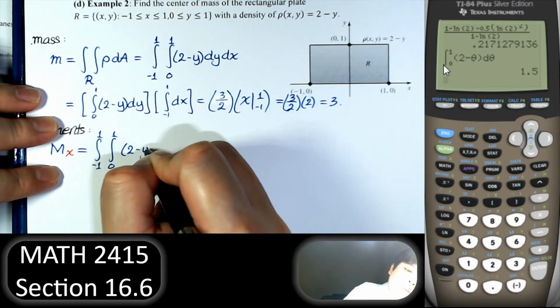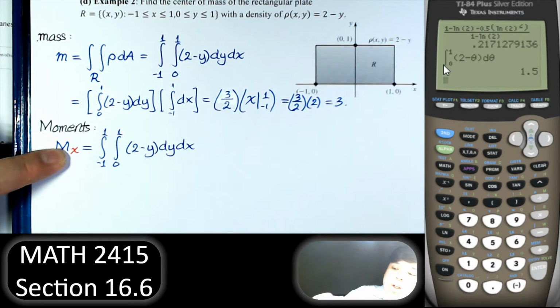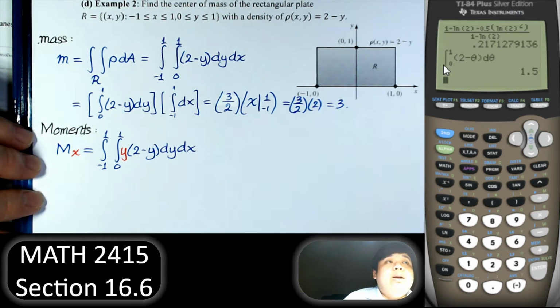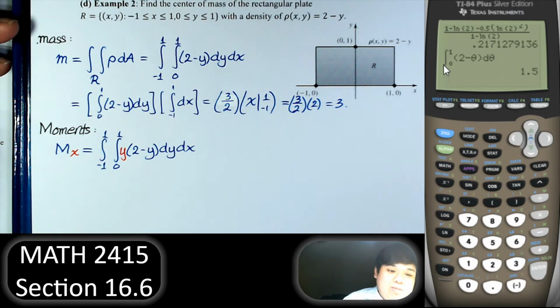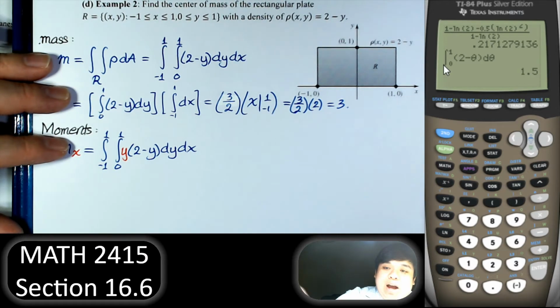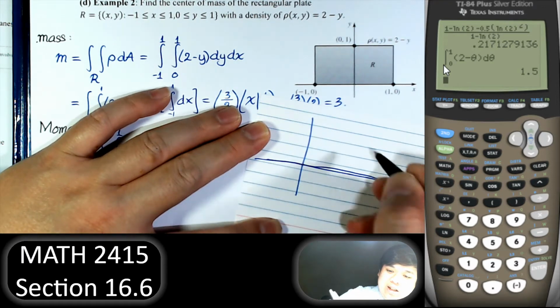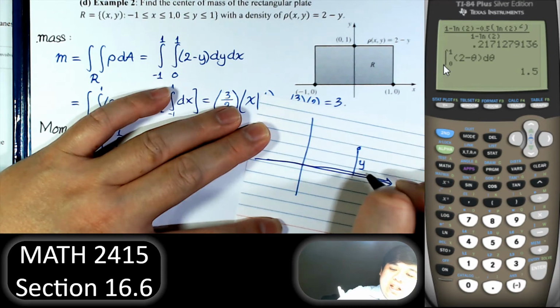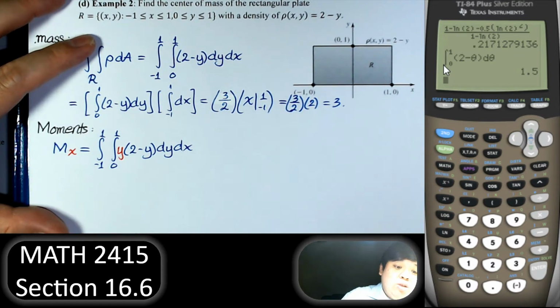Remember, the moment about the x-axis, we have to stick a y to it, because whatever the point, the distance to the x-axis is the y value. So that's why we stick the y values. If this is the moment with respect to x.